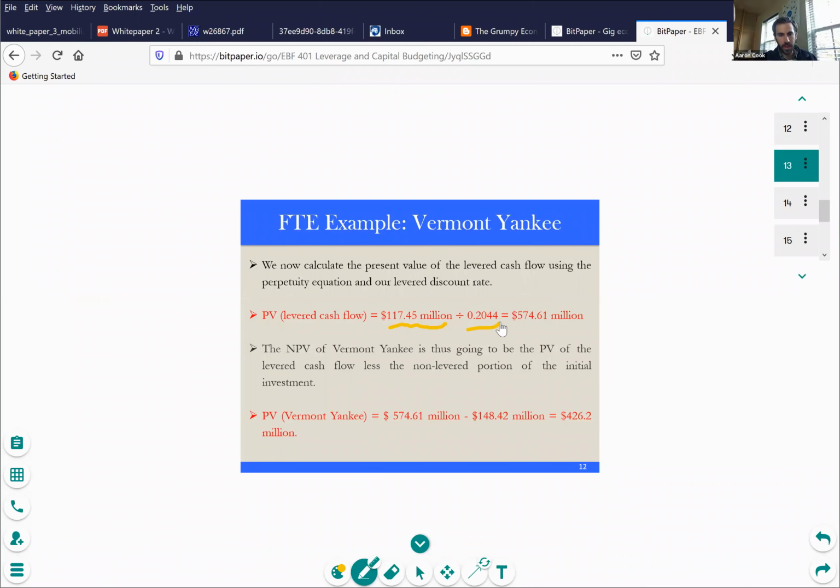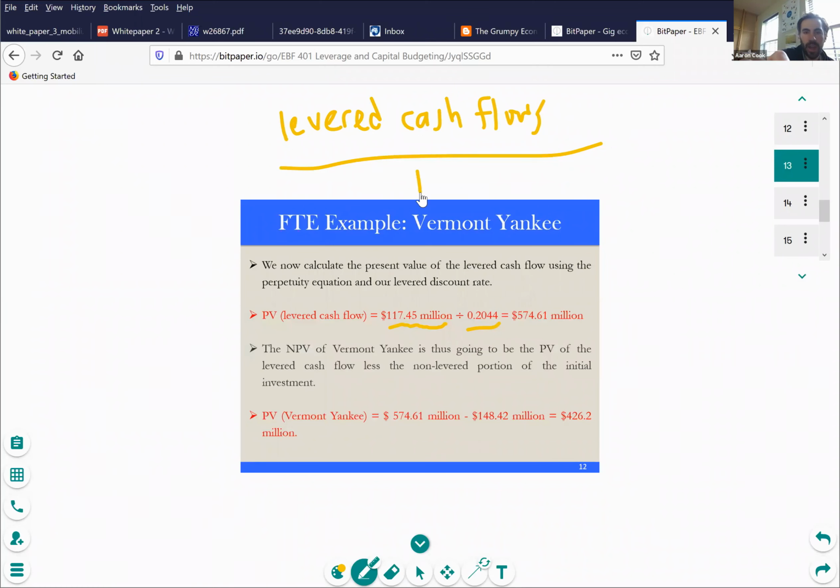Those occur in perpetuity, and we discount them by r_S. In general, it's the levered cash flows divided by the cost of levered equity, or the cost of capital under leverage. In that case, we get 574.61 million as the present value of those levered cash flows.